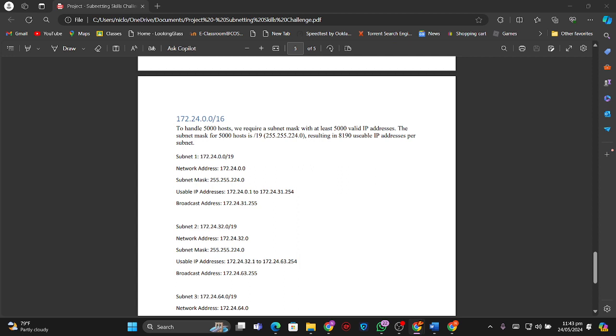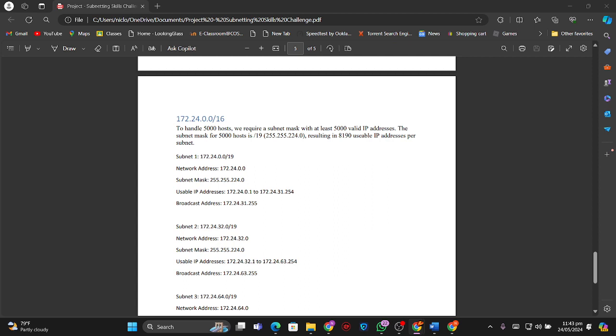And last but not least, we have to calculate the subnets for the last network, which is 172.24.0.0/16. We need four subnets, each supporting 5,000 hosts.